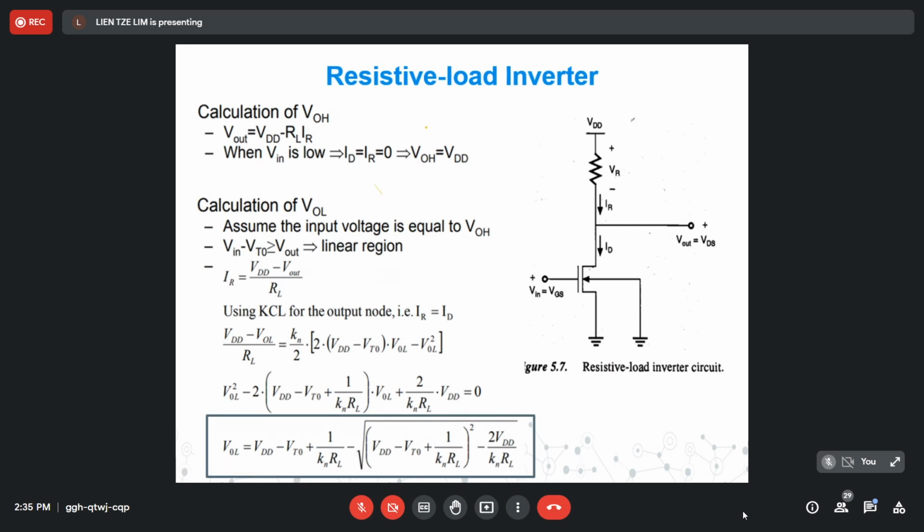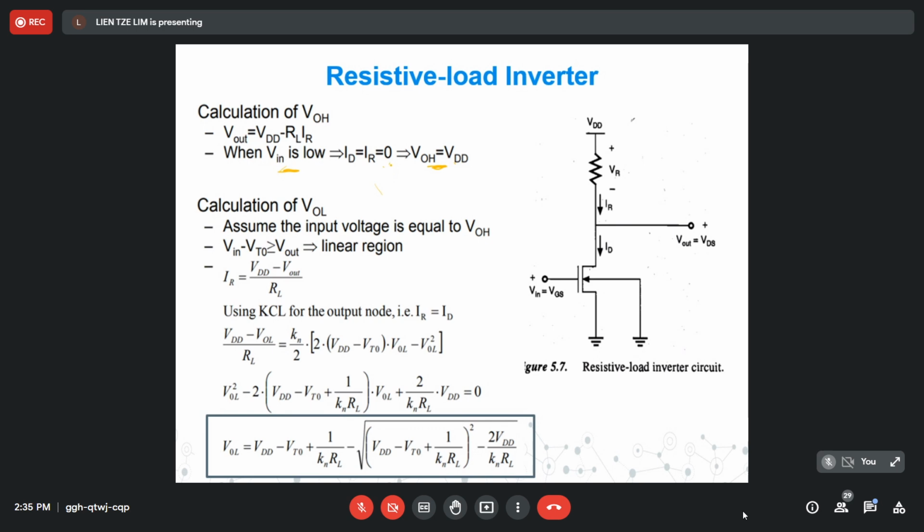Usually VOH is VDD. It also means that the input is low. Output high, then input is low, so the current will also be zero. The load current and the drain current will be zero. So this one you must remember.